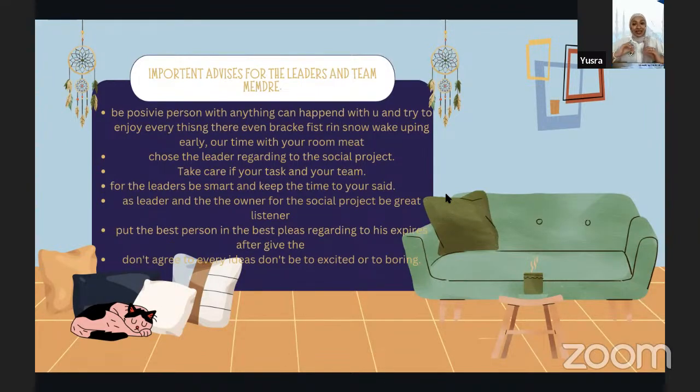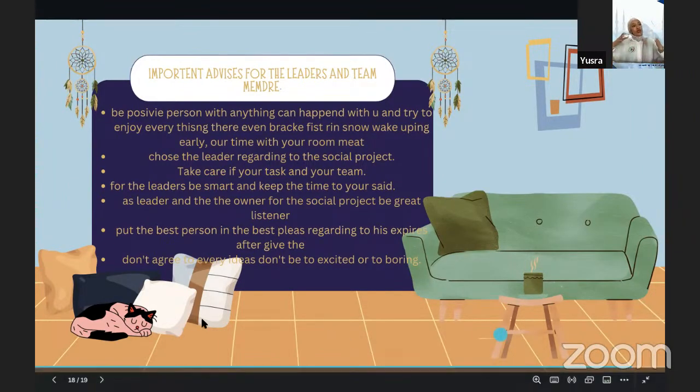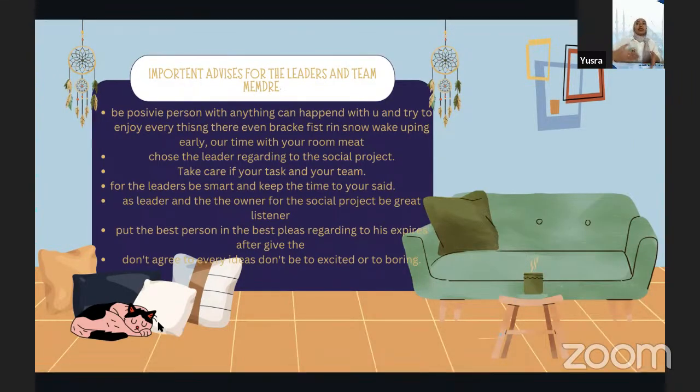Take it seriously as a job, guys, because this is going to make the difference for you and for your social project. The better job and hard work each of you does, the more confident you'll be when you present in the last day, and you may also win something, to get the funding or anything, guys. So this is really important for you.